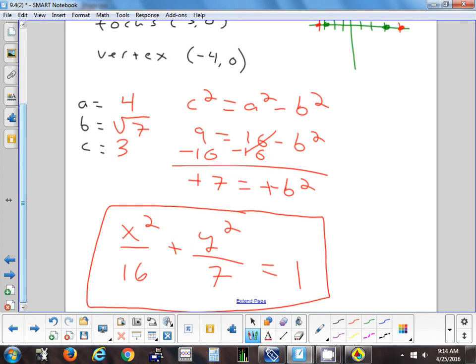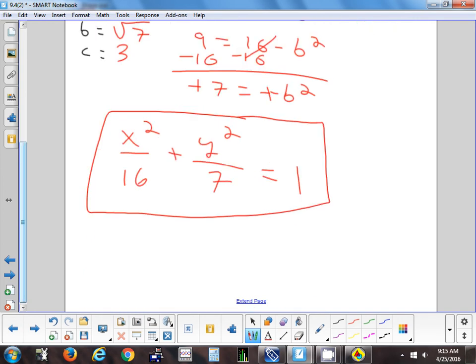If you switch the 16 and the 7, you're going to take your ellipse from being horizontal and make it vertical. It would be up and down. Can you write that down with the horizontal and vertical? Yep. So if you want, let's just call it the major axis.